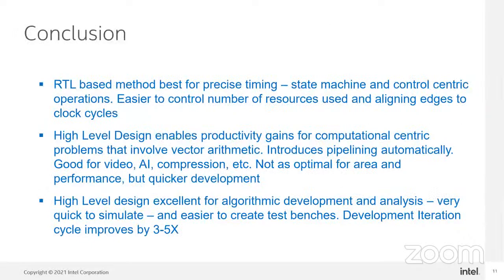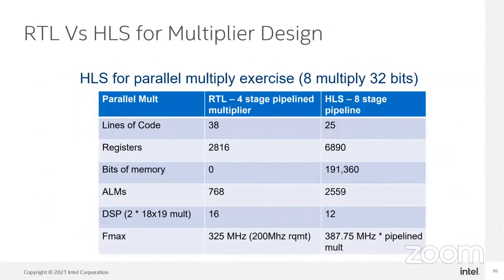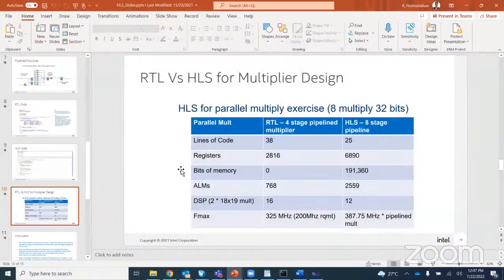Now we have compared when we need to go for RTL and when we need to go for HLS with 2 case studies. The design is very small, like you don't need to write C or C++ code for the square root of a number. We can do that with RTL also. But when we try to do that with RTL, what is the time taken?